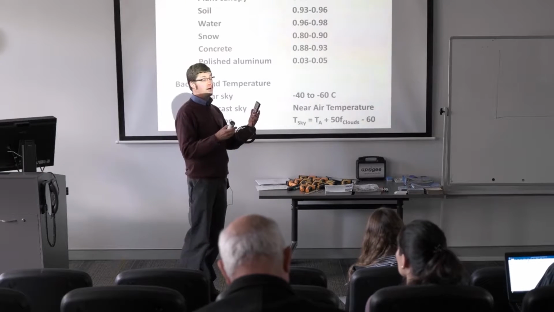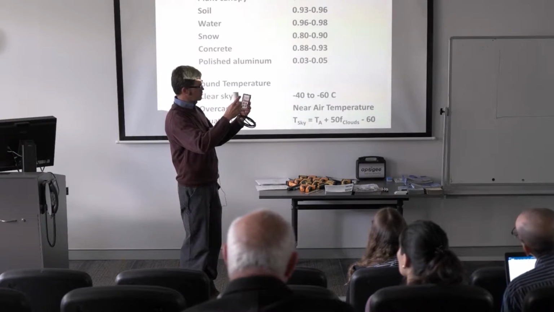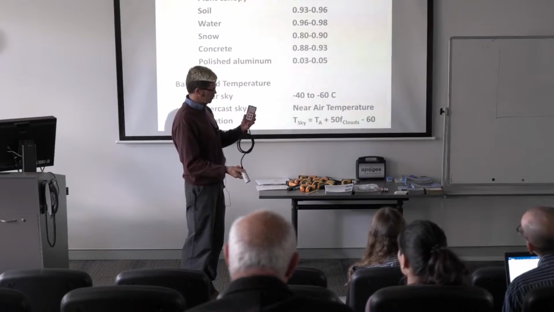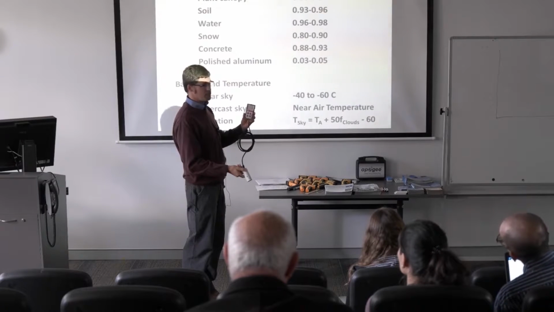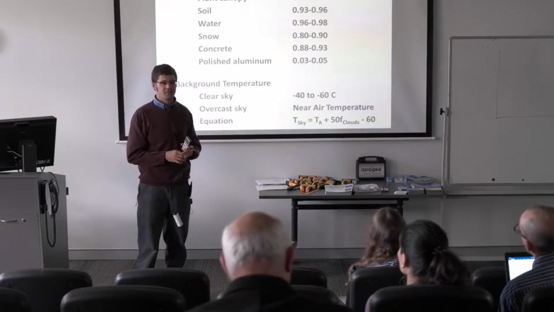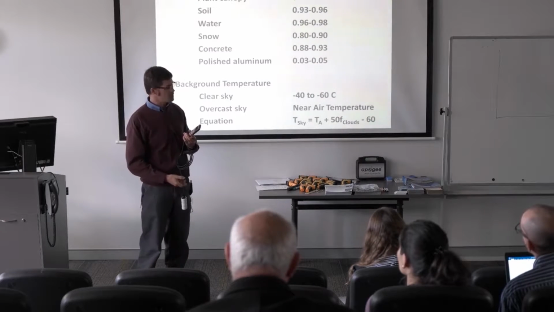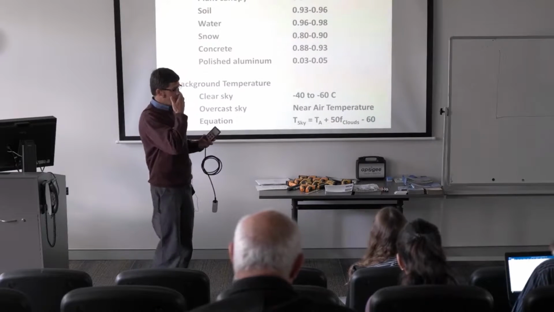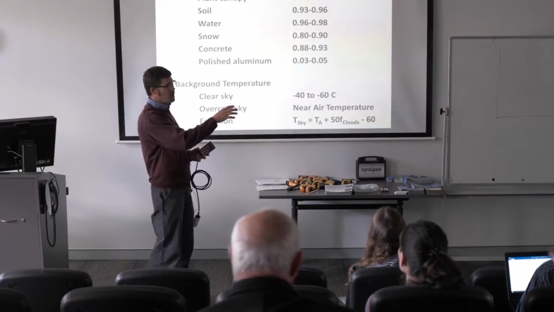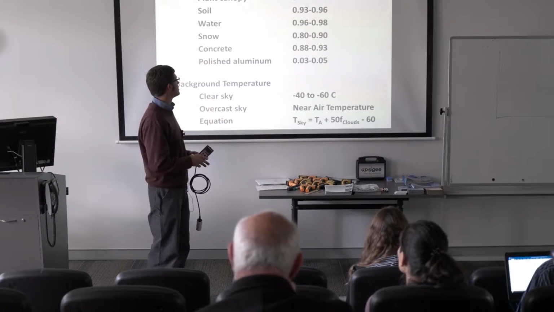So for example, if I point it at the ceiling we get around 22 Celsius, I point it at the floor, we get about the same number, and that makes sense. The room here is essentially the same temperature, and so the surfaces in the room should be about the same temperature. And so all we're going to do is measure the black body surface of the Leslie cube and then the side of the Leslie cube.